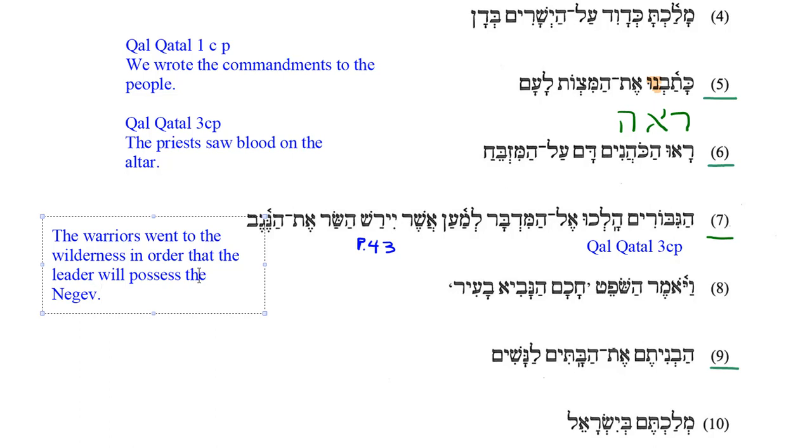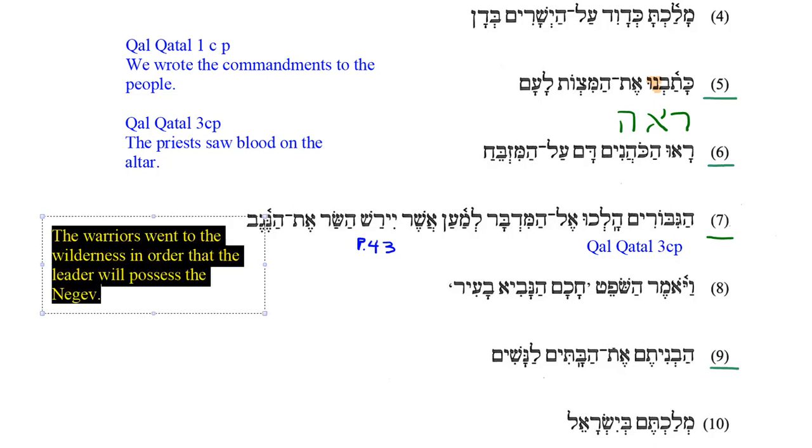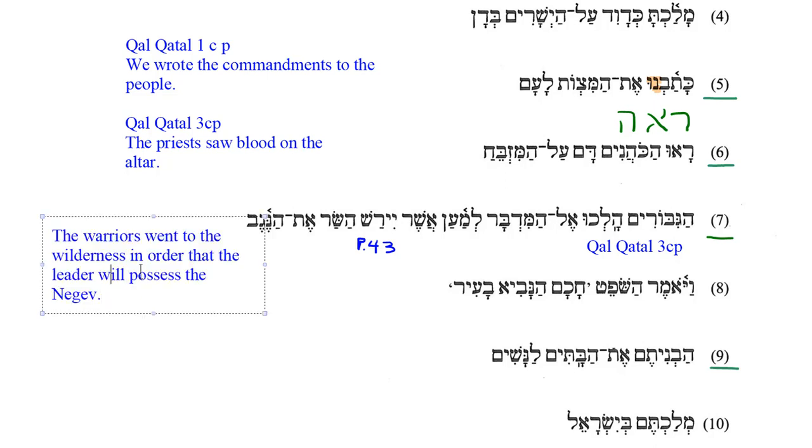So it could be will possess the southland, but we'll just leave it as the Negev. So here we have the warriors went to the wilderness in order that the leader, and I think maybe this is one of those cases where we could turn this into more of a modal sense so that the leader may possess or might possess the Negev. That phrase in order that sometimes tells us that our verb might have this may sense, that the leader might or may possess the Negev.